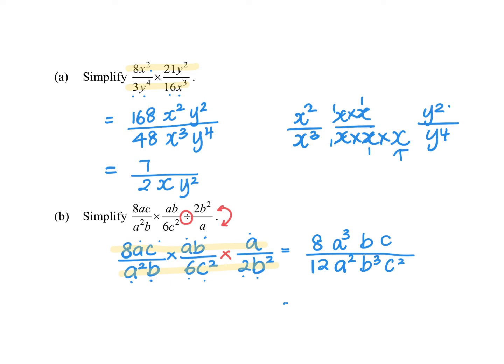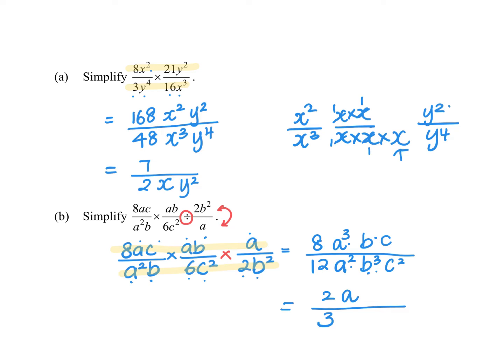But this is not the final answer. Remember to simplify. 8 over 12, cancelling out the common factors, is 2 over 3 using our calculators. a cubed and a squared: there's more power on top, 3 and 2, cancelling 2 of them, I'm left with a. b and b cubed: there's more power in the denominator.